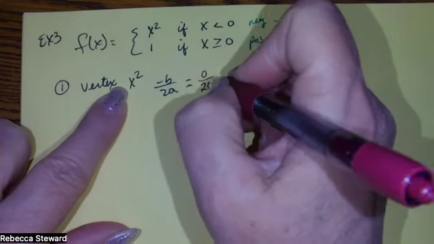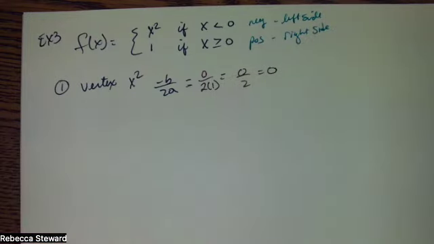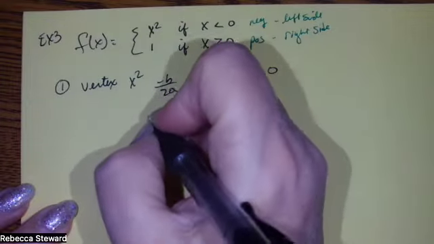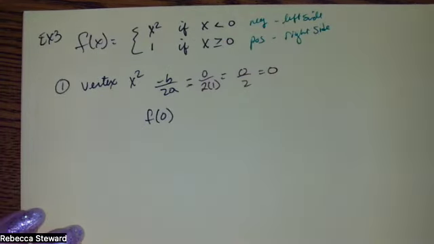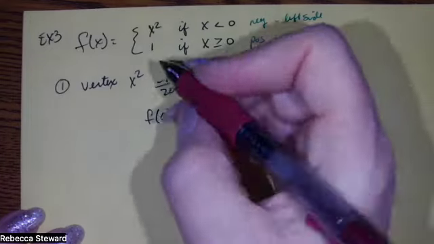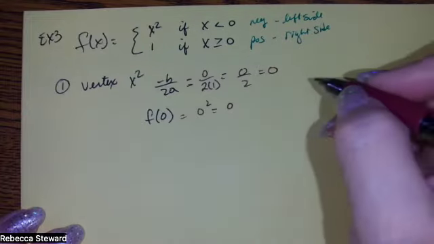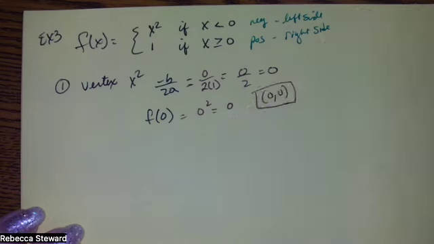So our a will be 1. So you're going to get 0 over 2, which is just 0. And then we need to find the function at that value. So the function at 0 is 0 squared, which is just 0. So this gives us a point of 0, 0. That would be the vertex.